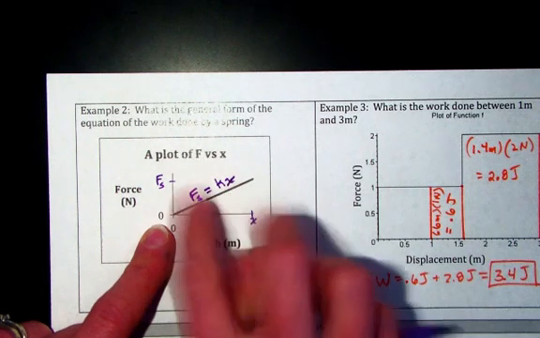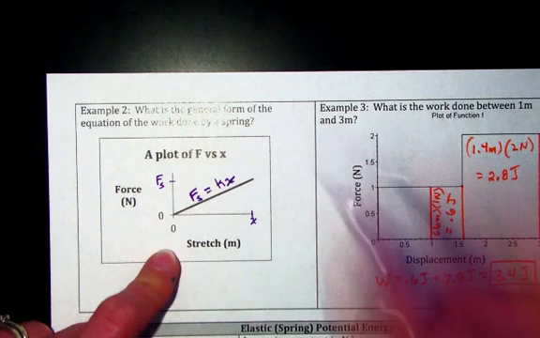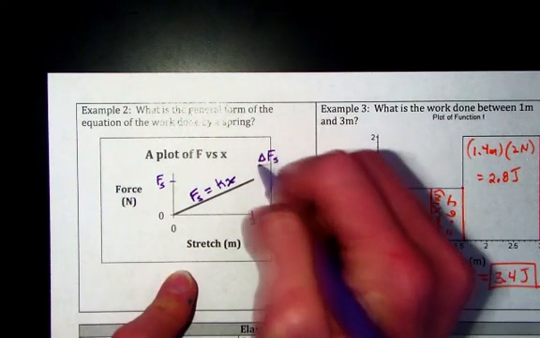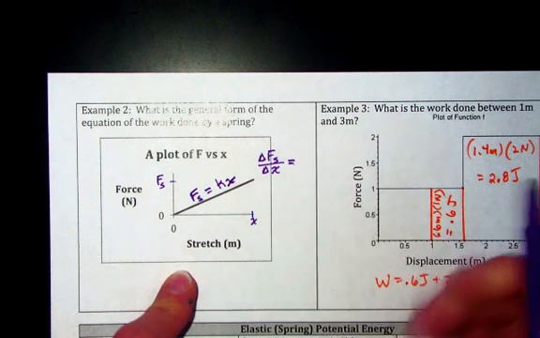All right? Now, if I have this graph right here, if I found the slope, so the change in the spring force divided by the change in the displacement, what is that going to give us?